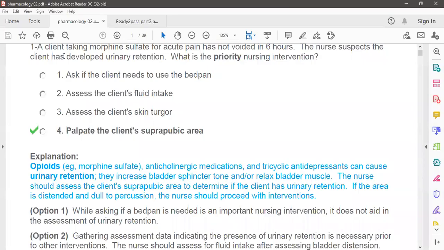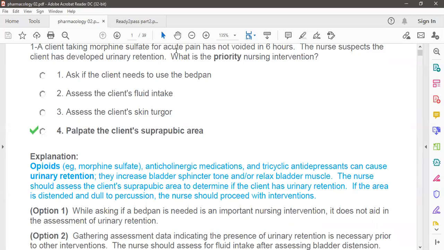The question here: a client is taking morphine sulfate for acute pain, right? Everybody knows morphine is a medication we use for pain, basically.